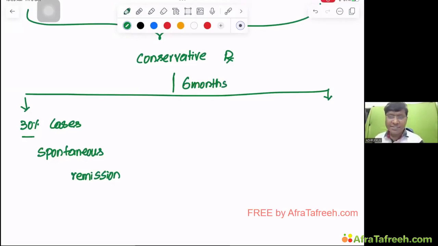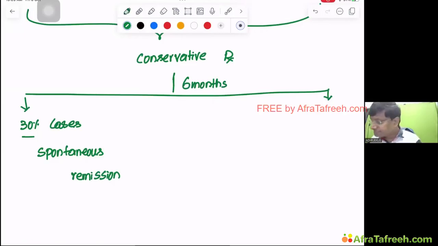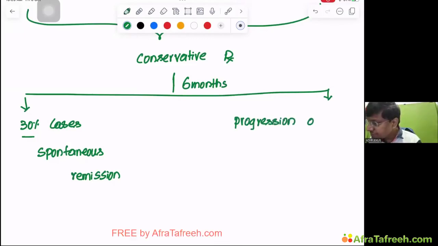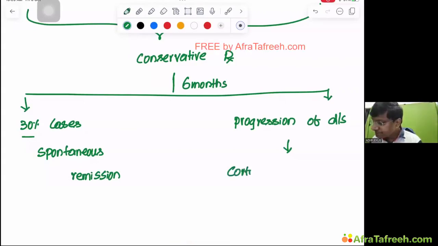But in spite of giving conservative treatment, if the patient's disorder is progressing, that is, patients with nephrotic syndrome, despite 6 months of conservative management, and the serum creatinine is getting increased, then those individuals who have progression of the disease in spite of conservative treatment, you need to give rituximab or corticosteroids.